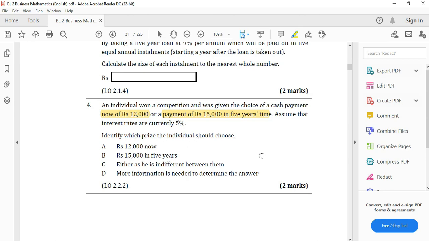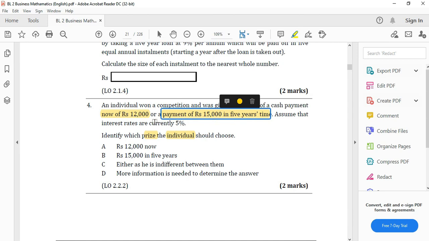Now, here, the individual will definitely choose the price that gives the highest value, isn't it? Because anybody will accept an income of a higher value. So we should find out between these two choices which one is the highest value.